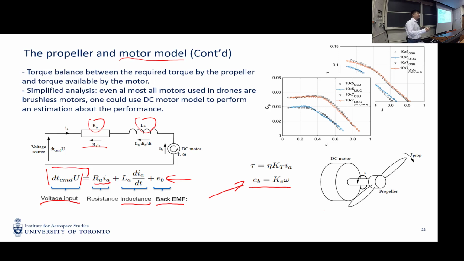In this case, you will have a higher current, so it will accelerate the propeller. But when the propeller spins at a very high speed, the back EMF is relatively high, so you have a low torque output. The torque on the propeller will eventually balance the torque from the motor. This is how you reach a torque balance for this motor-propeller combination.